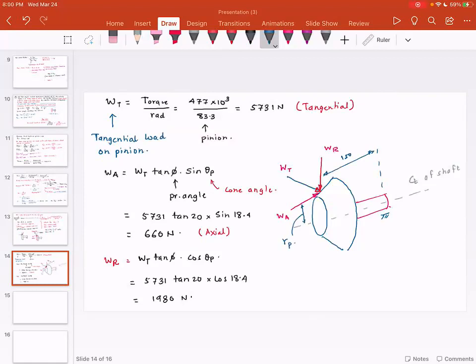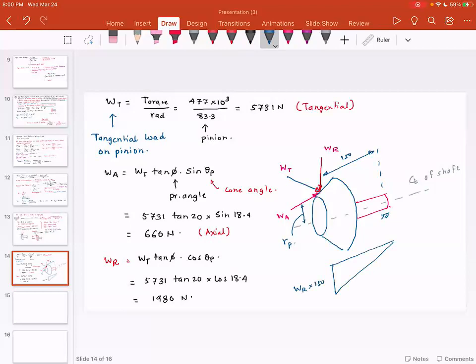So now it can be observed that there are different types of moments taking place. For example, if you look at the bending moment in the horizontal direction, you would observe that you have a bending moment which is given by WR multiplied by 150.